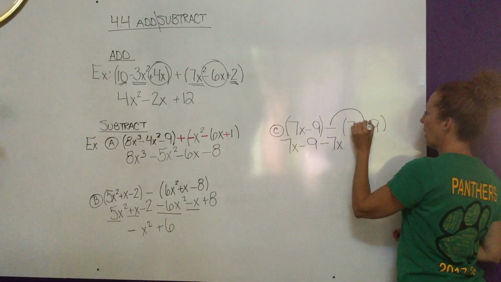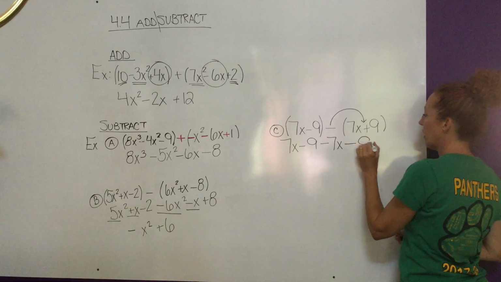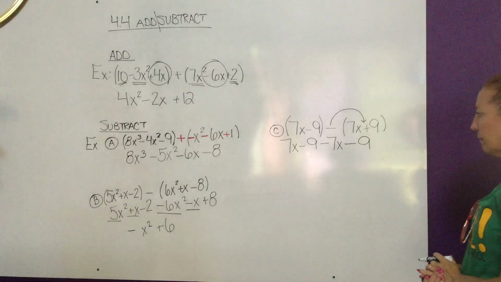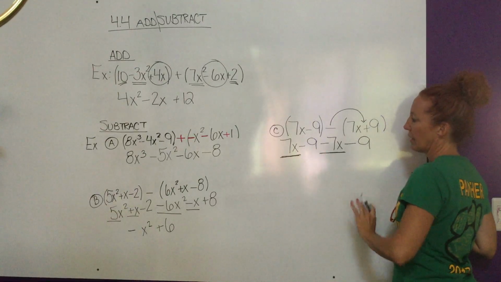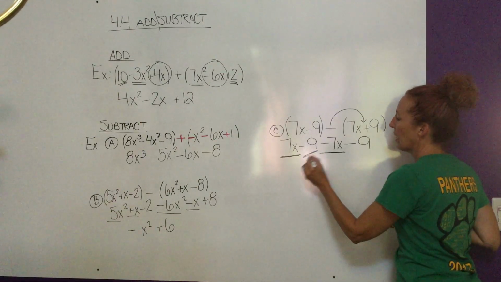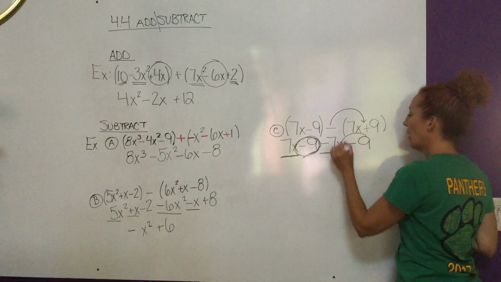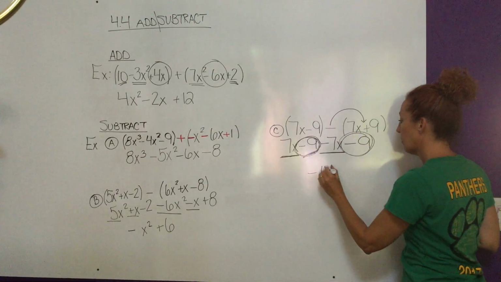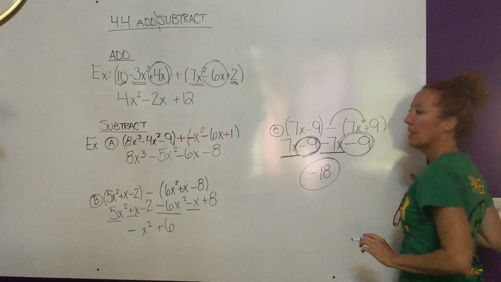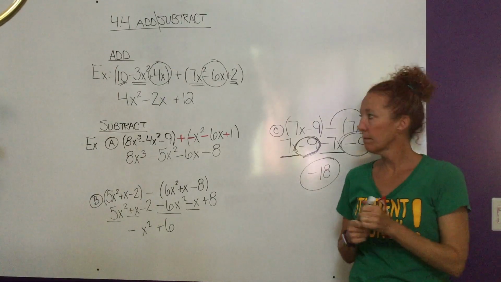When I apply that negative right there to that positive, that also is going to be a negative 9. So we have 7x minus 7x, that is gone. But then I have a negative 9 and another negative 9. Those are not opposites. So the answer here is a negative 18.